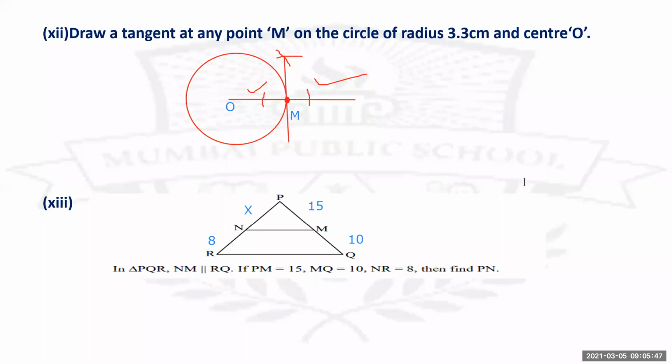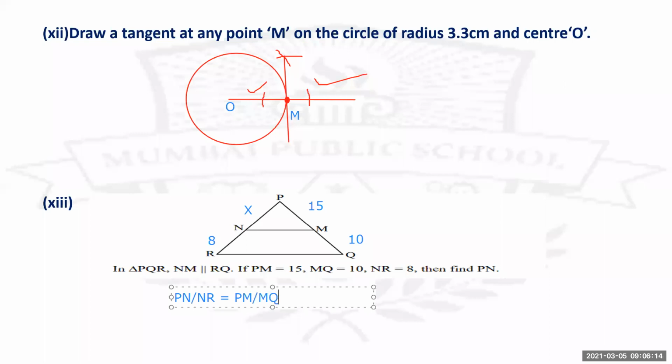Basic proportionality theorem. Yes, you're going to apply the basic proportionality theorem. Very good, Monu. So once you apply the basic proportionality theorem, you'll get PN upon NR equals PM upon MQ.